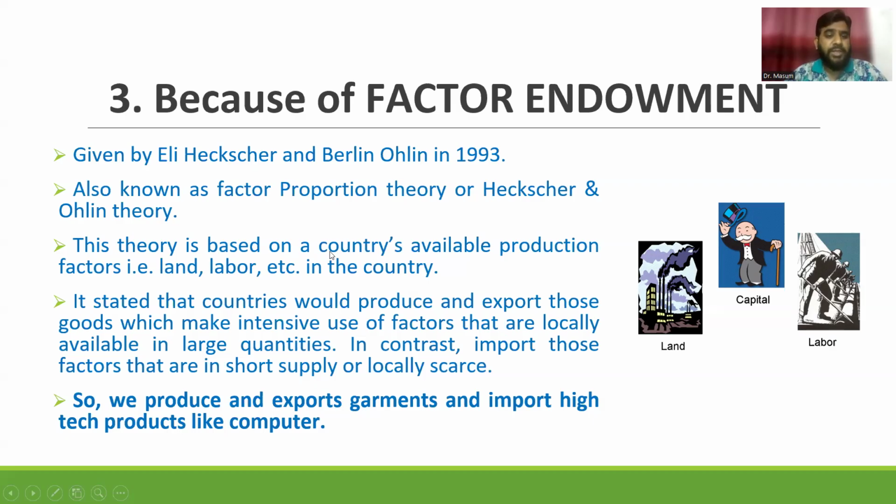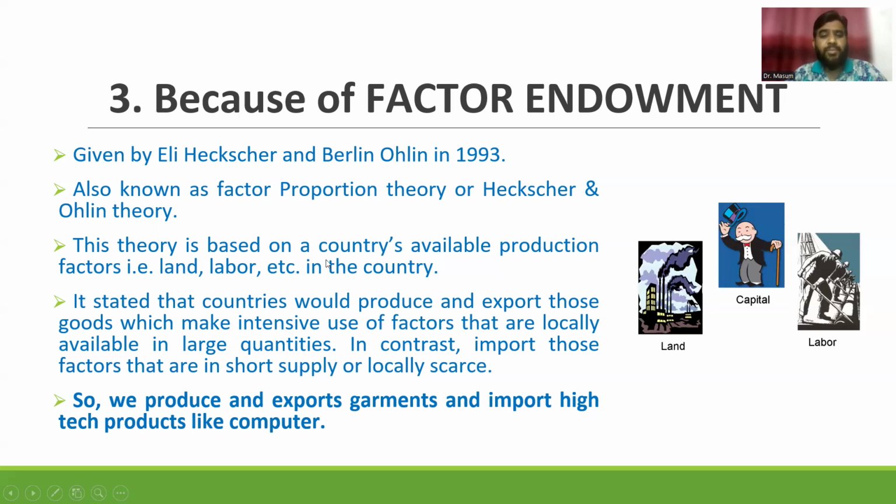So in our country, we have land, we have labor, we have capital, we have entrepreneurs, because there are more than 4,000 factories here in Bangladesh. The 4,000 owners are all entrepreneurs. The labor force is available. There is no crisis of land and no crisis of capital to start the garments business. So these are known as the factor endowment. Land, labor, capital, and entrepreneur are the factor endowment.